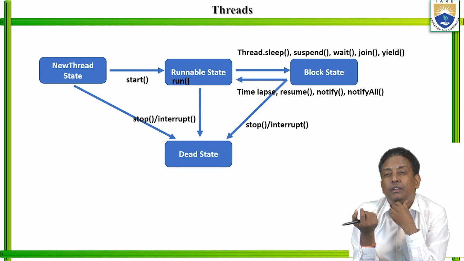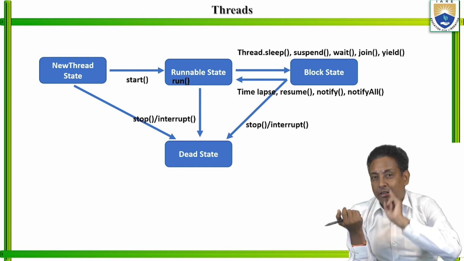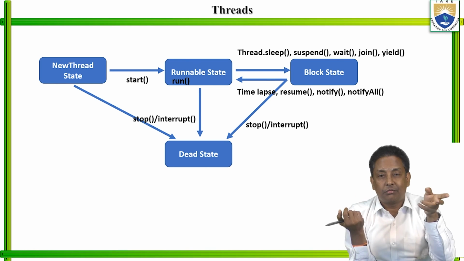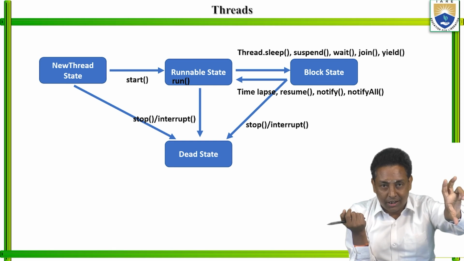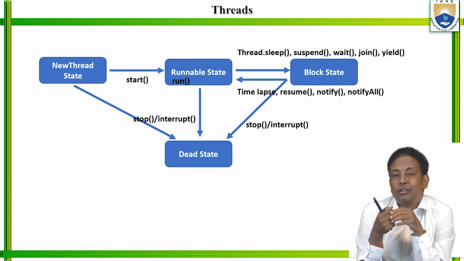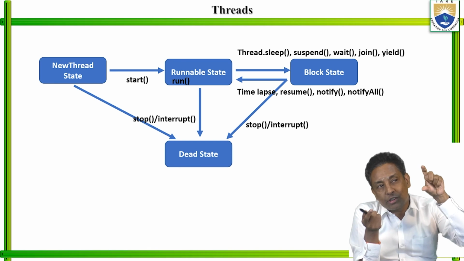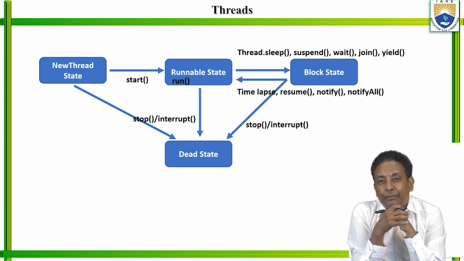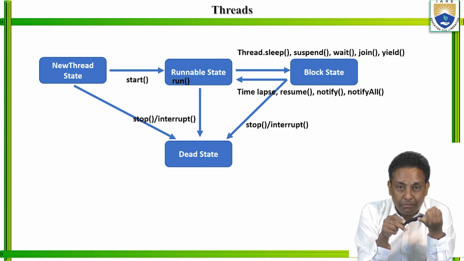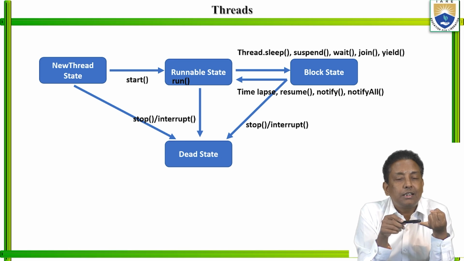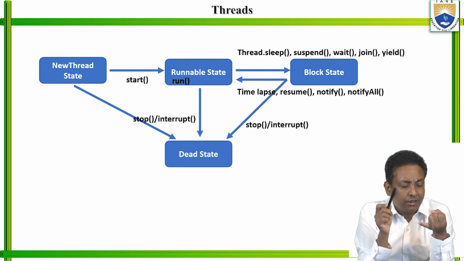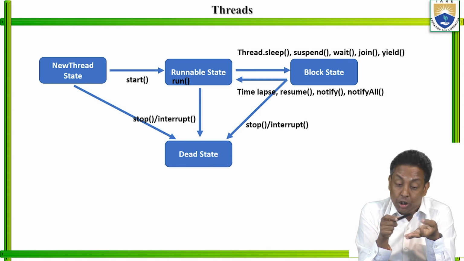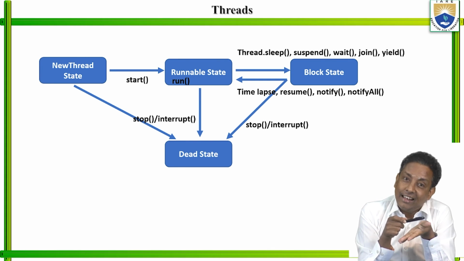Then somewhere in the thread class run method, or somewhere in a method which is called from the run method, mostly we implement logic in the generate method and print method. Which methods do you often call there? Sleep, as I explained in the previous example. Suspend is deprecated. Wait, join, yield.